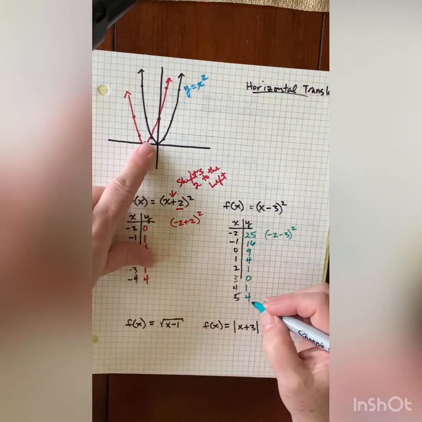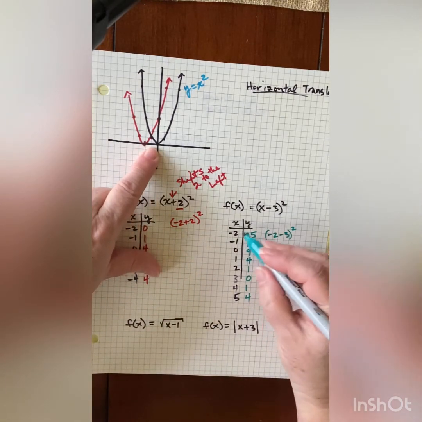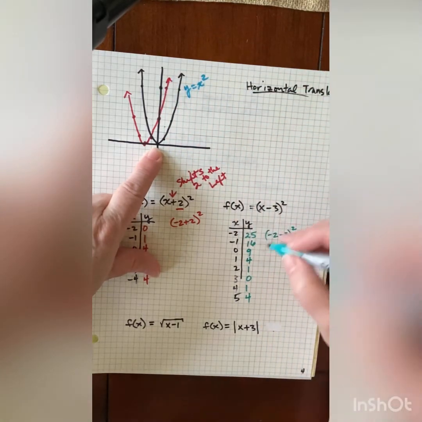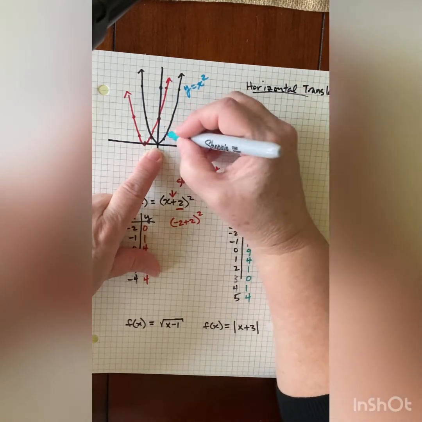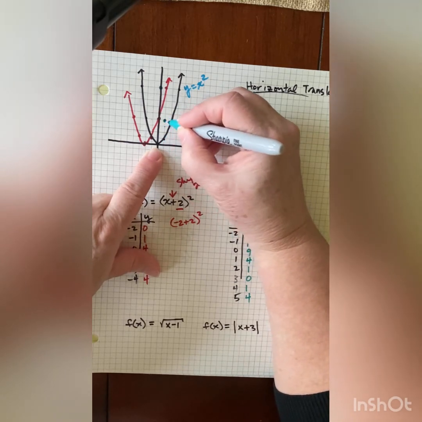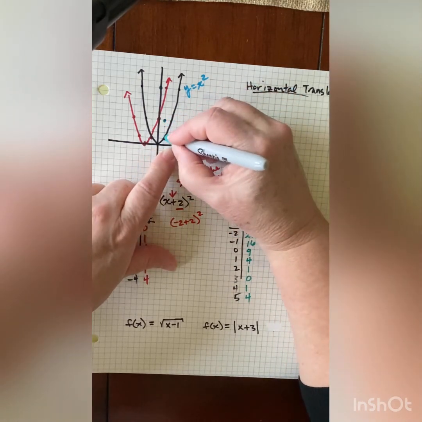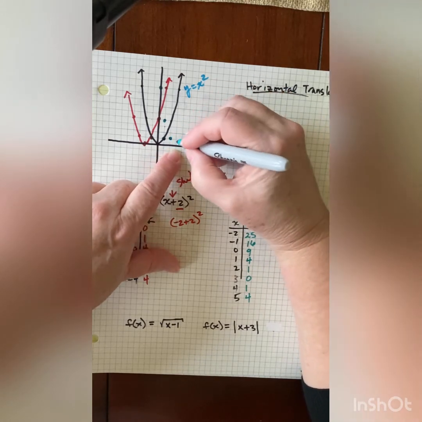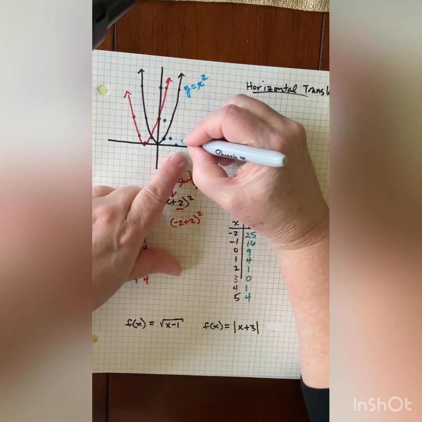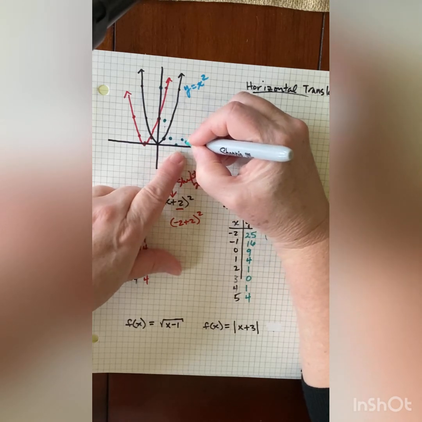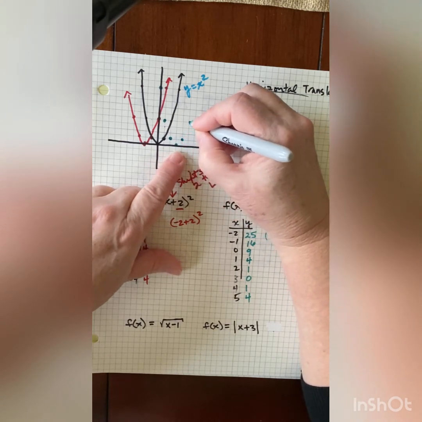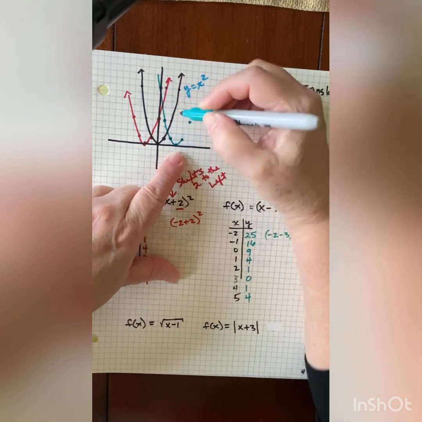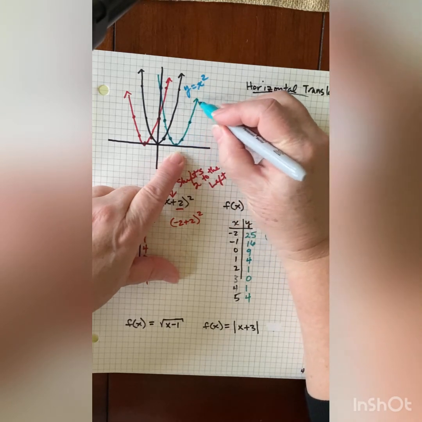Okay, so let's put this on up here and let's see what happens. Those guys are way off. 0 is at 9, which will be right here. 1 is at 4, which is right there. 2 is at 1. Oops, 2's at 1 right there. 3 is at 0. 4 is at 1. 5 is at 4. Okay, so this one will look like that.